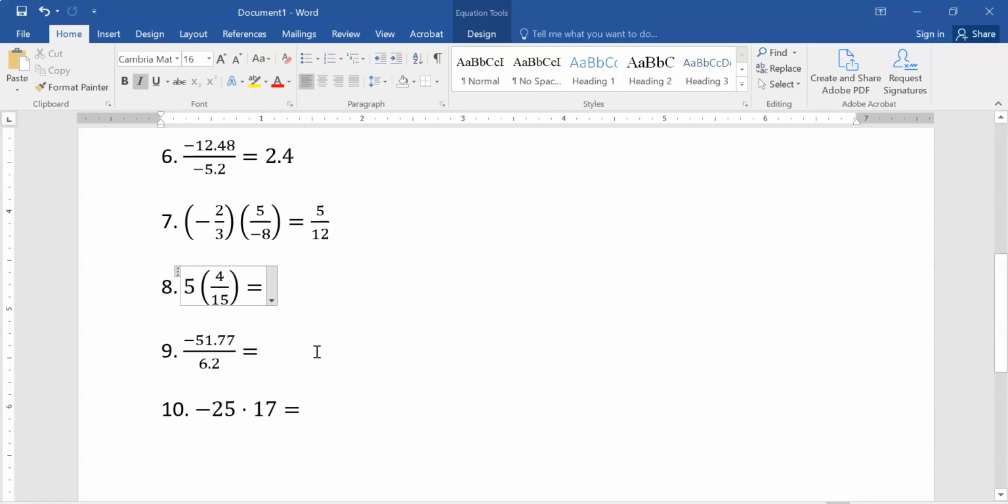Now, 8's a little bit unique. 5 times 4/15. If you multiply this, you get 1.3, blah, blah, blah. So you end up with 1.3, lots and lots of threes.